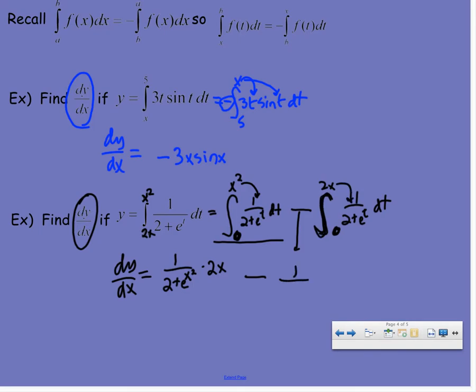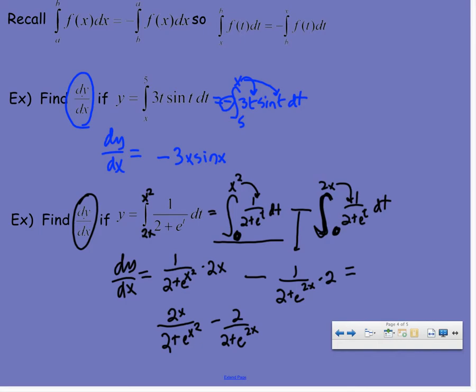So I have 1 over 2 plus e to the 2x. And now I'm using chain rule, so I have to take it times 2. So could I rewrite this a little nicer and say that that is 2x over 2 plus e to the x squared minus 2 over 2 plus e to the 2x? And that would be my final answer.